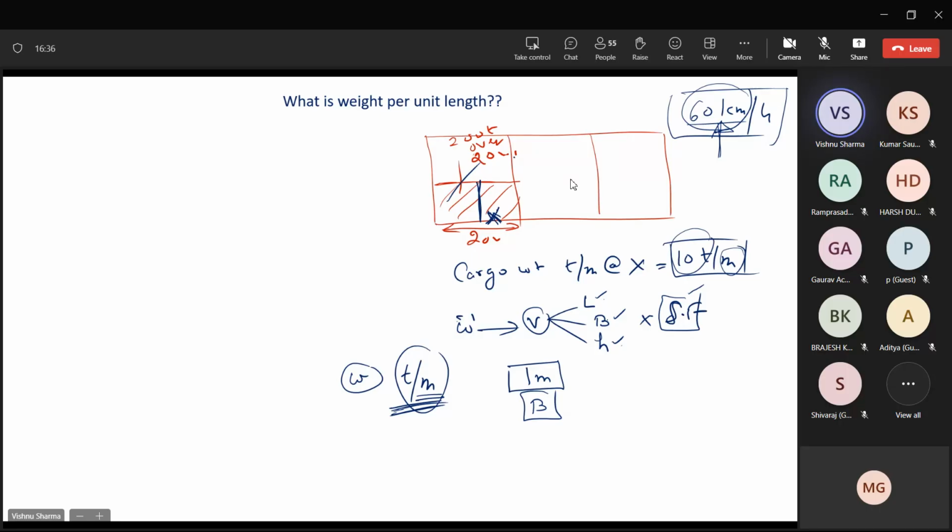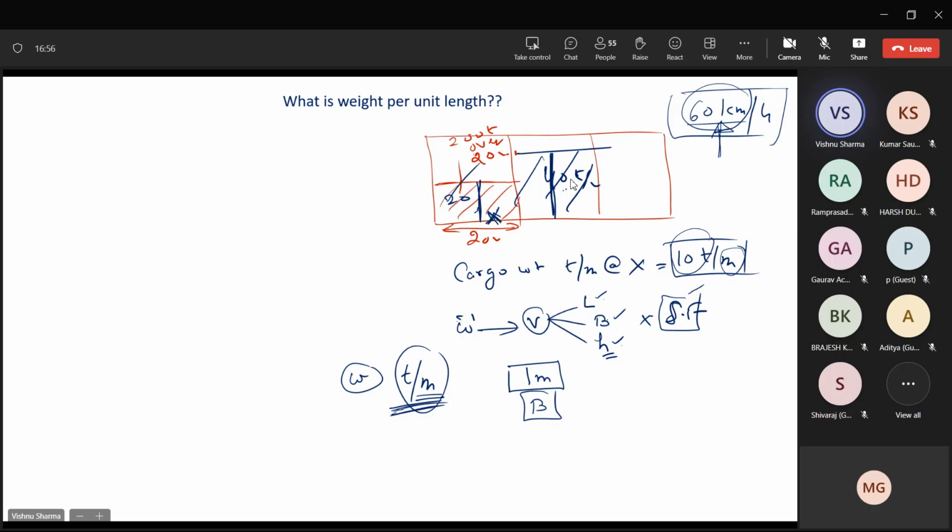What makes the difference if it was 20 tons per meter here and it was 40 tons per meter here? Between the two, which parameter is different? The parameter which is different is the height of the cargo. Between the two holds, what is different?